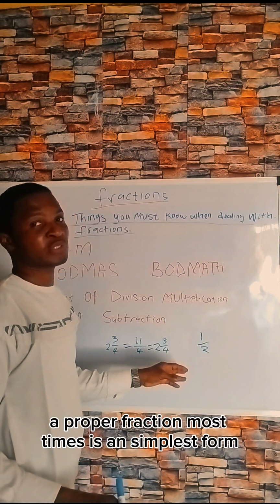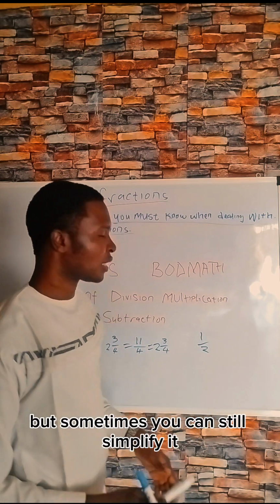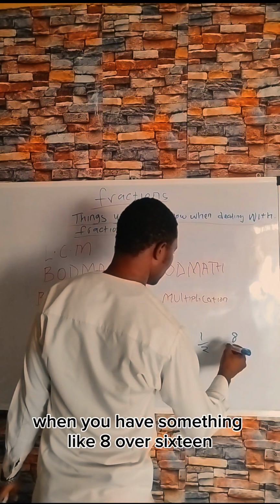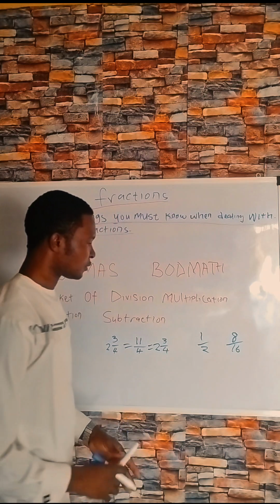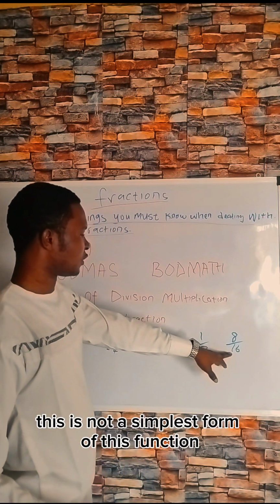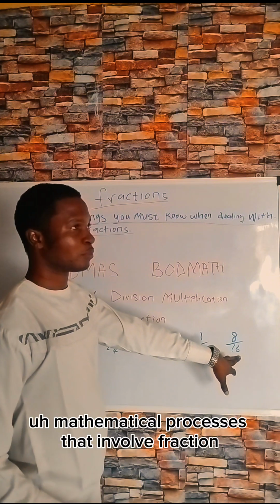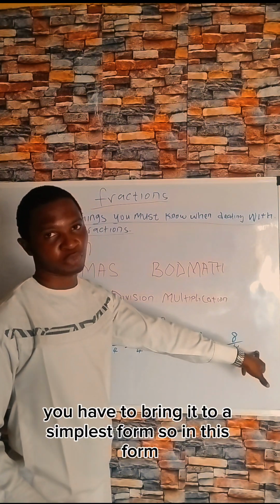A proper fraction most times is in its simplest form, but sometimes you can still simplify it when you have something like 8/16. This is not the simplest form of this fraction. Whenever you are dealing with mathematical processes that involve fractions, you have to bring it to its simplest form.